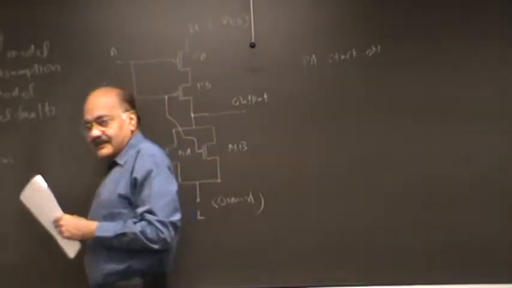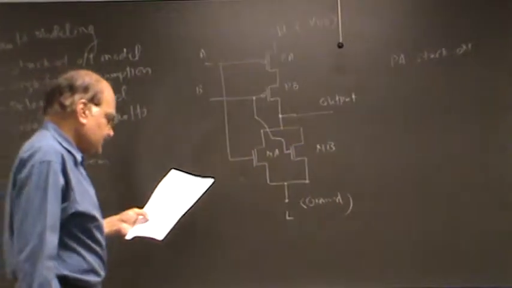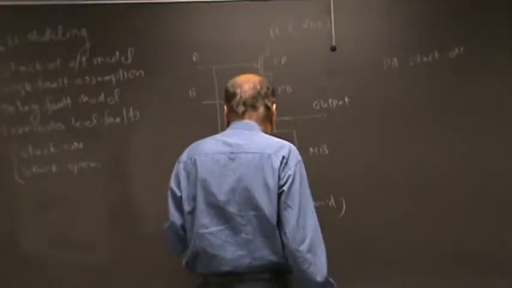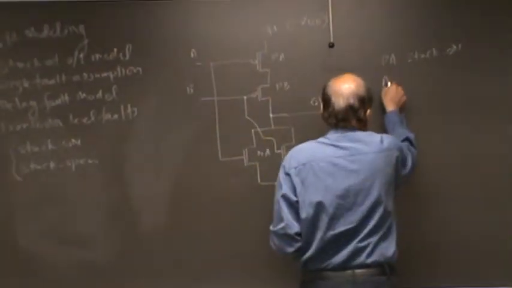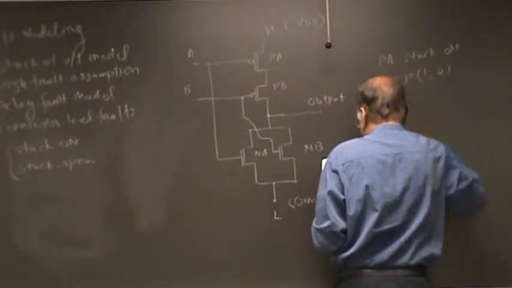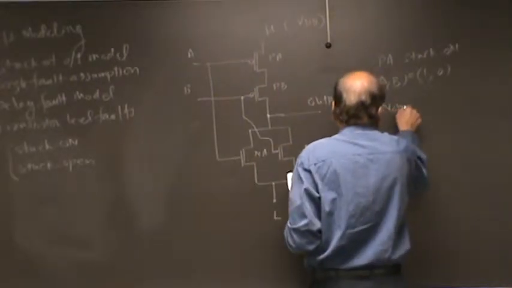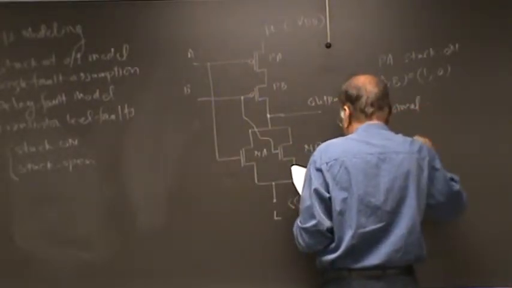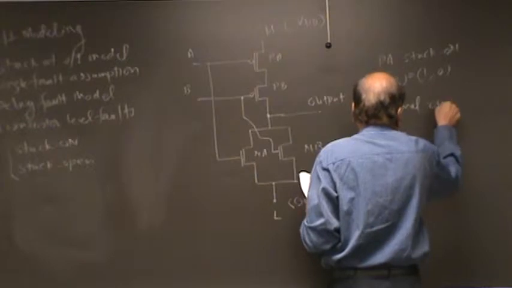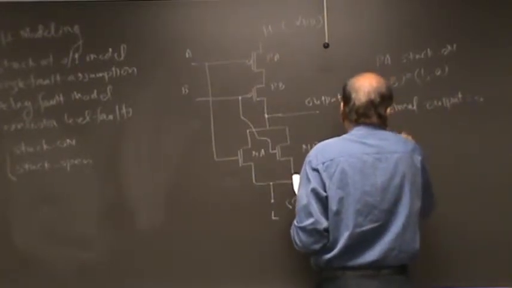And this is the case we were talking about. Now what will happen when PA is stuck on, and let us say that we want to test it. So in order to test it, we would apply A and B equal to 1 and 0. And in that case, normal output would be 0, but what about the faulty output?